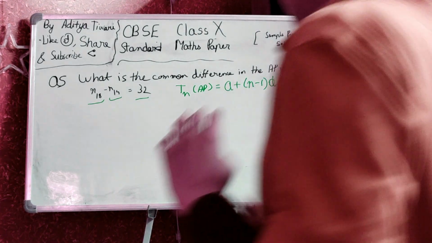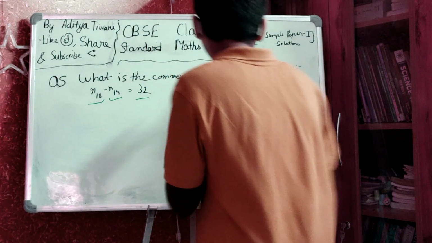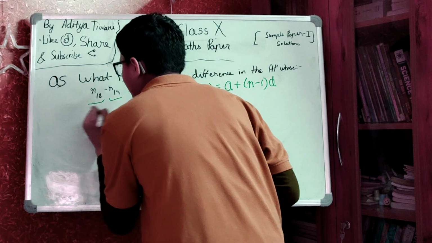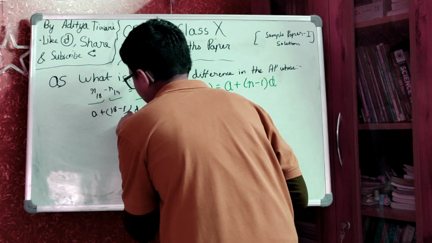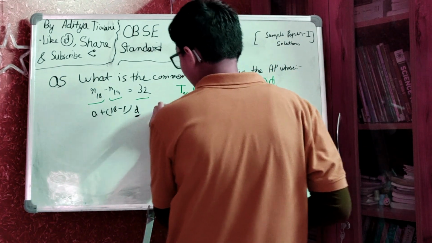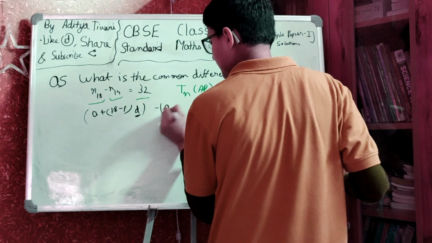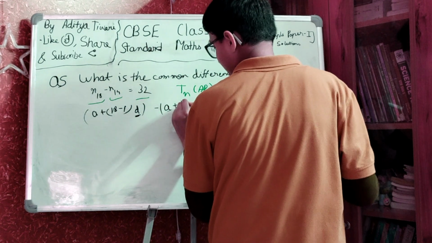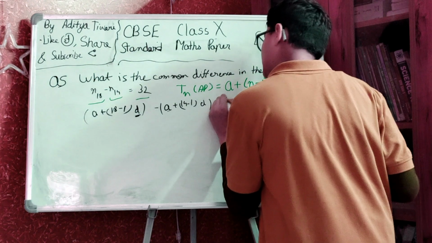Okay, let's continue. So we are expressing the 18th term in this form. So A plus (18 minus 1) times the common difference that we have to find, minus (A plus (14 minus 1) times D) is equal to 32.